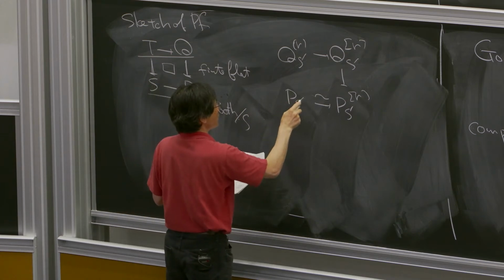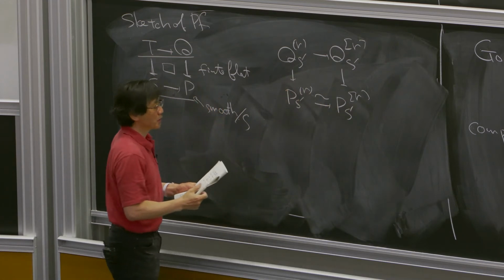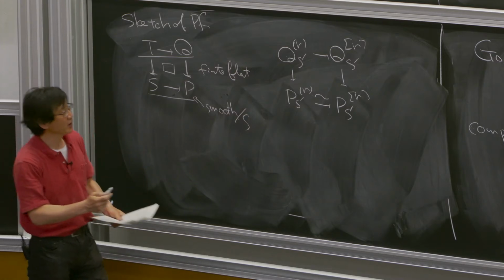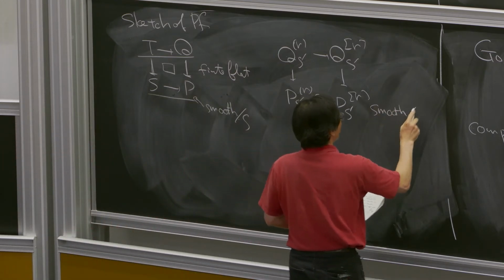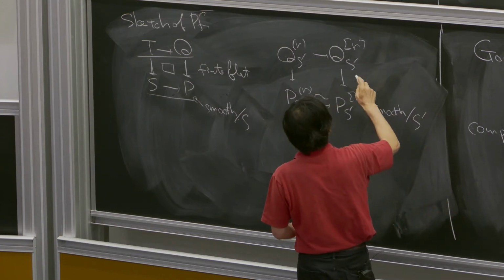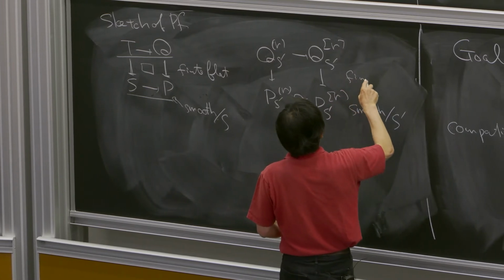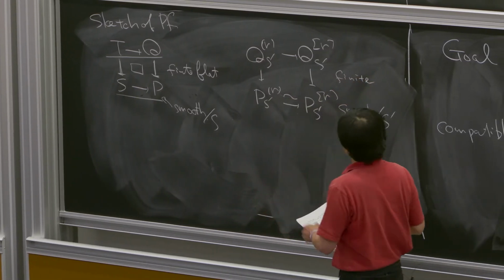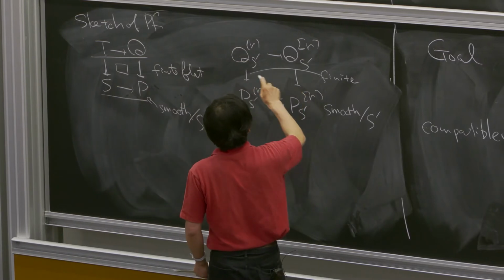But this is a simple one. This is smooth before taking normalization. So this is smooth over S prime. And the vertical arrows are finite because we are just taking the normalization.